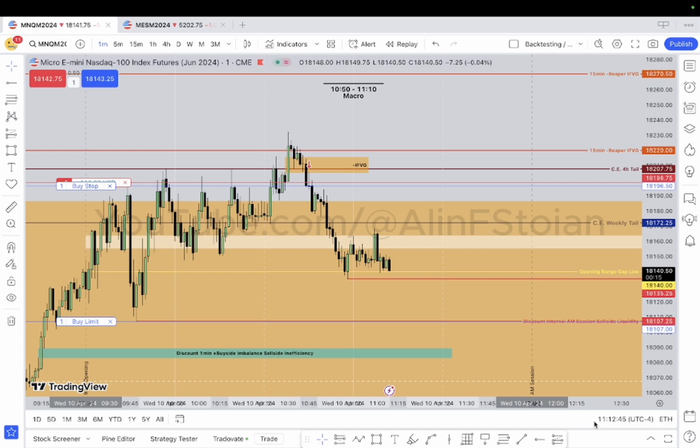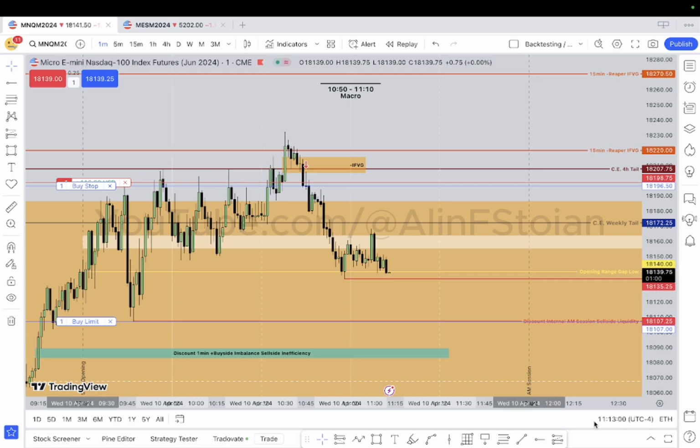And I would want to see closures below this opening range gap low and below the low that I currently have highlighted in red. Like this.